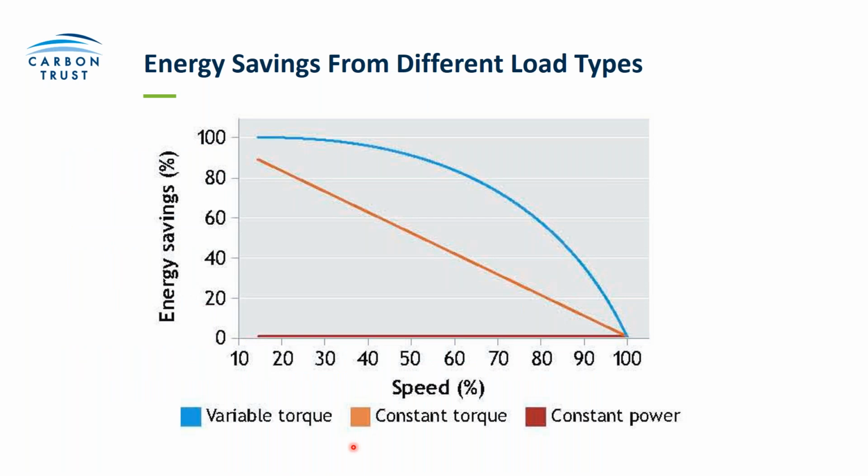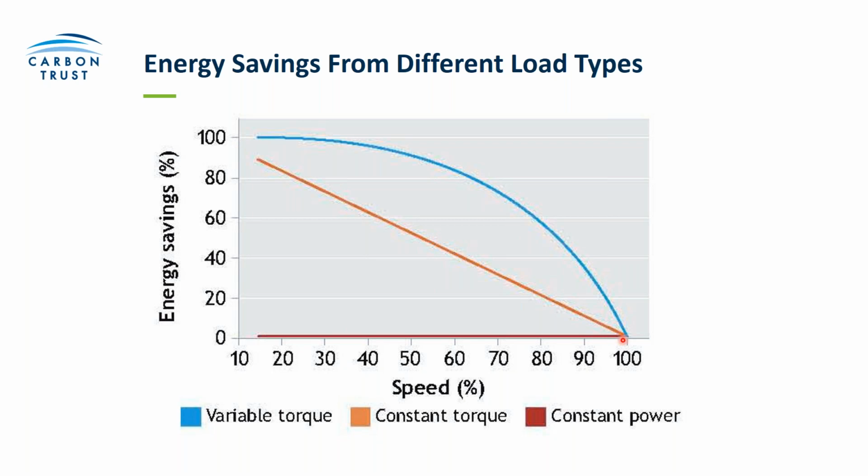And as mentioned earlier, the relationship between speed and power is different depending on what type of load it is applied to. So looking at systems that require constant power, you won't necessarily get a saving. You can see there that the orange line is showing the relationship with constant torque, which is linear in that case.